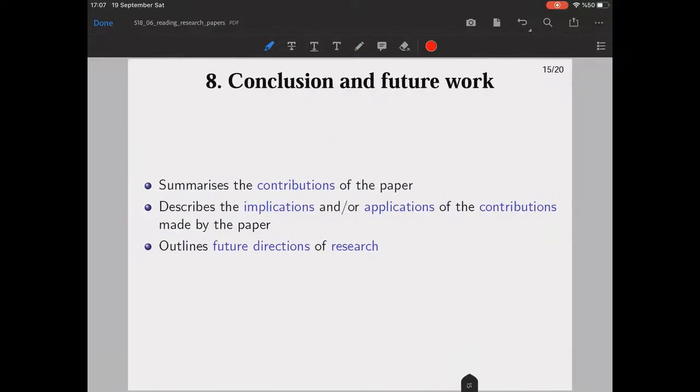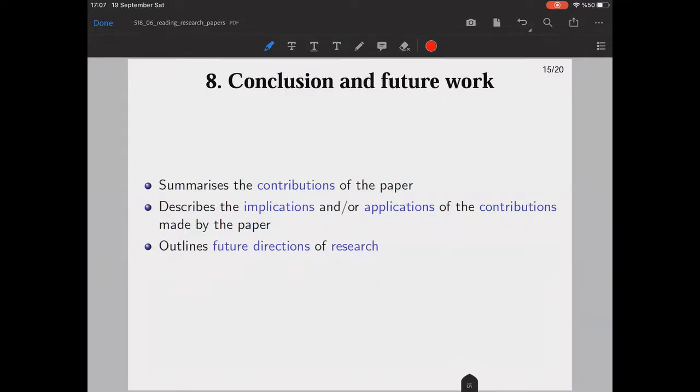And the conclusion and future work part. People usually read the introduction, abstract, and conclusion very much, and these parts should be as interesting as possible, for your own good. It summarizes the contributions of the paper. Okay, this is very important.